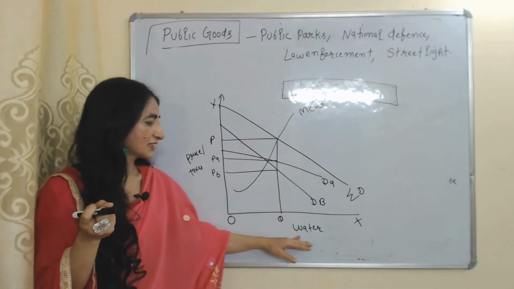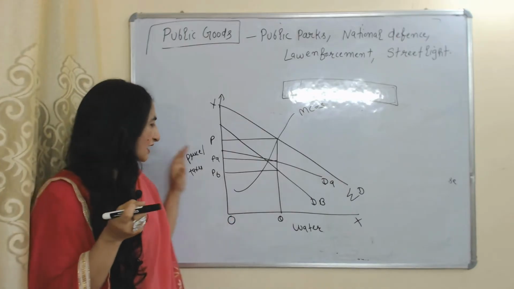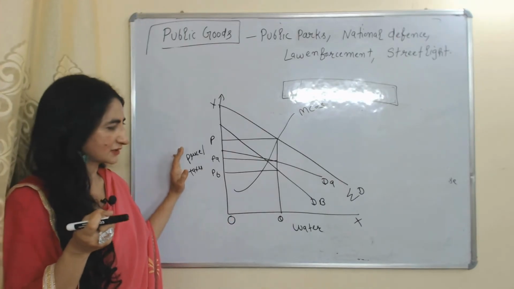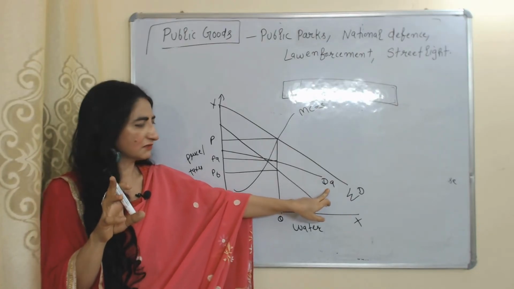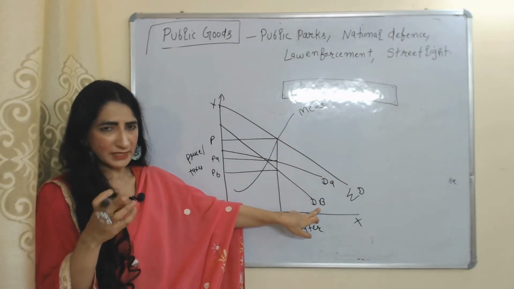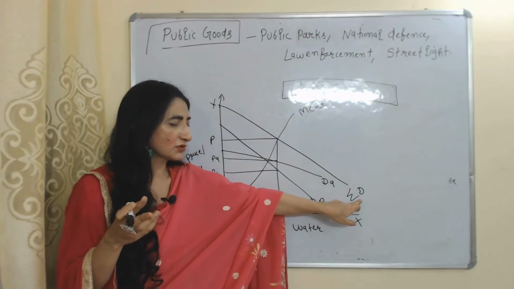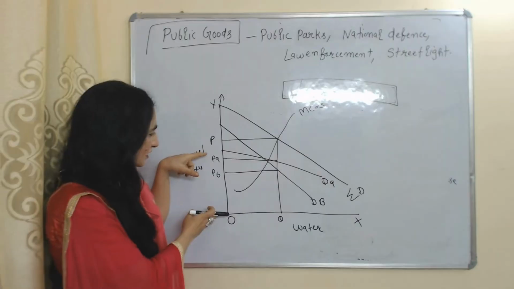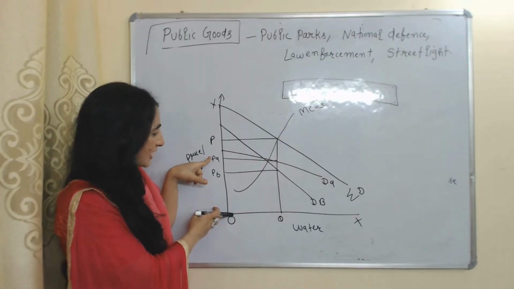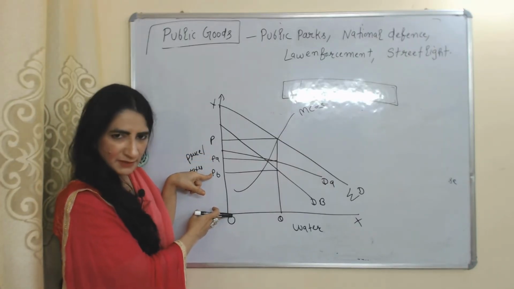In this diagram, on x-axis we have quantity of water and y-axis we have prices of tax. Here we have two individual. DA is demand curve of A individual, DB is demand curve of B individual. Sigma D shows their joint demand. And person A is paying PA price and person B is paying PB price.